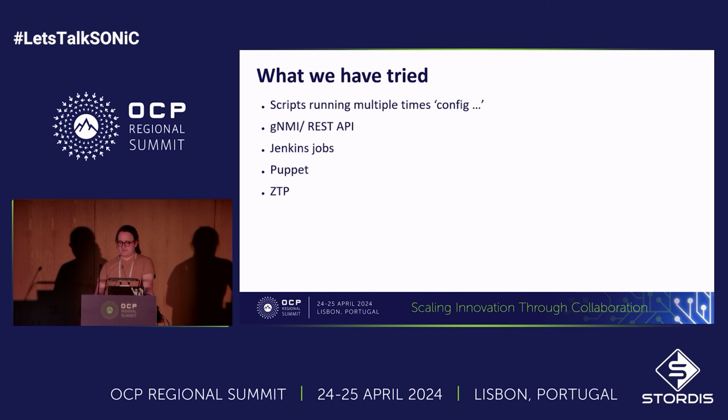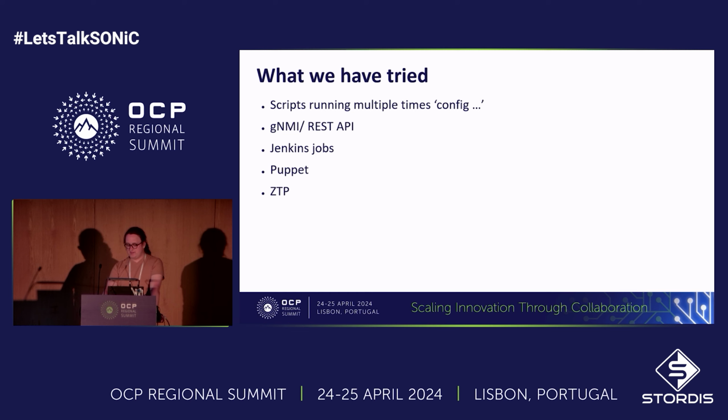There are ideas to add Jenkins or Puppet, but this will not change the main problem, only add features like visibility and templates. There's gNMI or REST API, which from the outside sounds the best, but there's a large problem with the API.